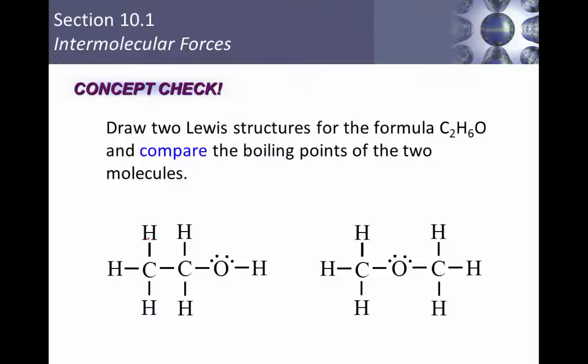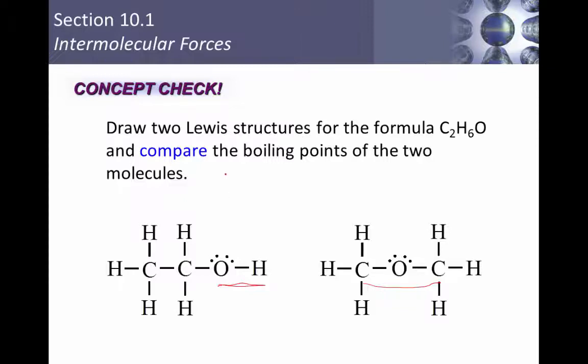Okay, another quick check. C2H6O, draw the two Lewis structures for this. Here we have drawn an alcohol, and here we have drawn an ether. This is dimethyl ether, and this is ethanol. It asks you to compare the boiling points of the two molecules. Which one's going to have the higher boiling point and why?